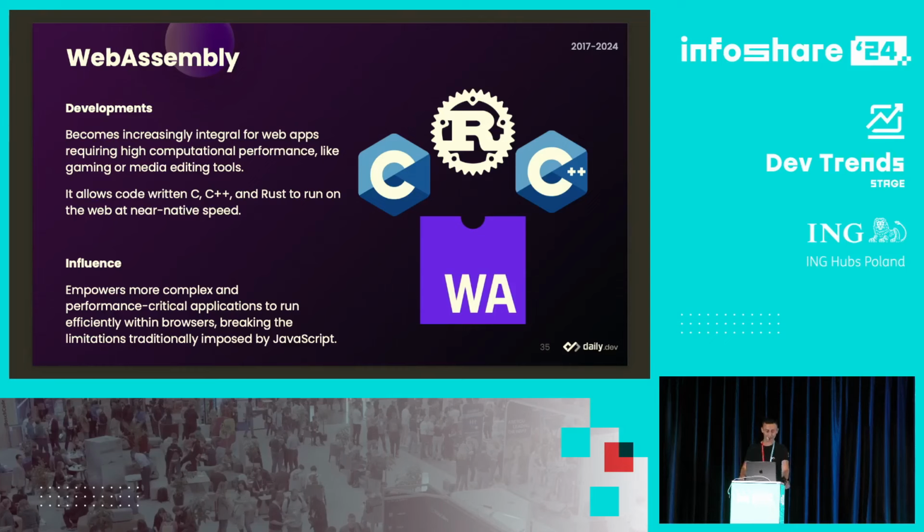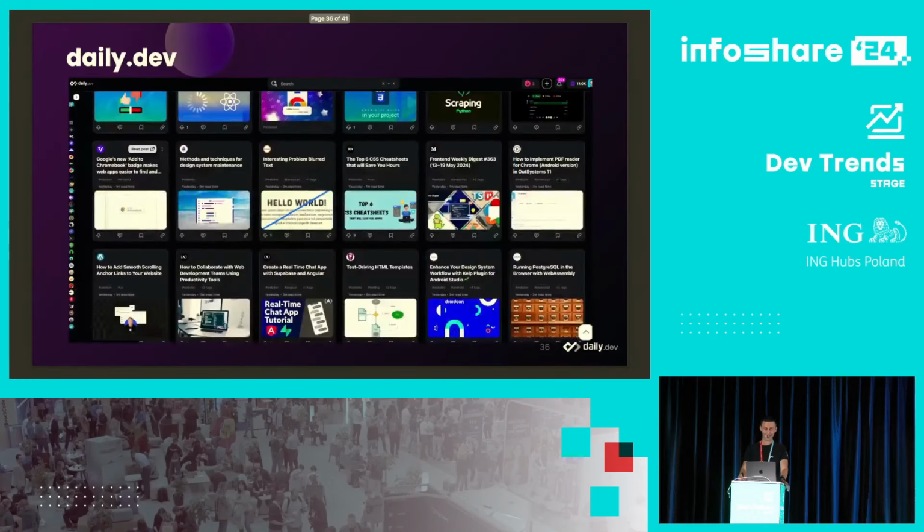Big fan of Rust. For example, for gaming, and also some tools that allow you to work with media in the browser. We will see in the future, but I see this as a trend which is growing and growing. We will see if this will replace JavaScript, but it will be hard to replace it.